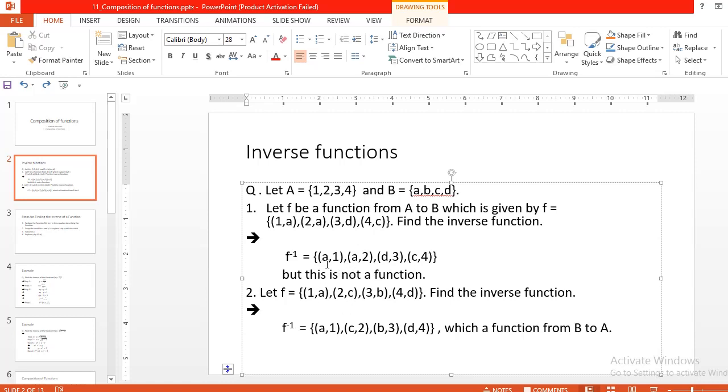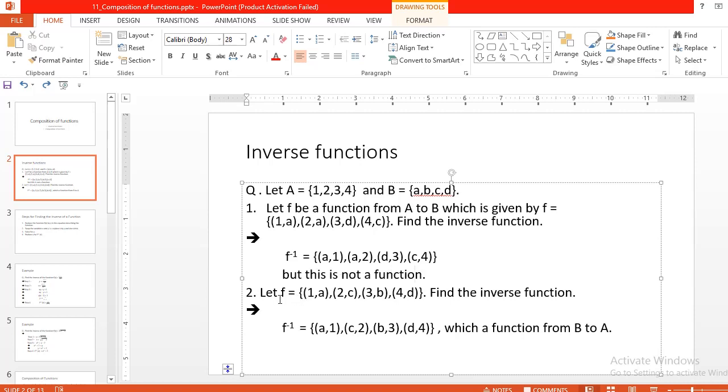Because the condition is not satisfied, it is not the definition of a function. To make a function, each element of the domain must pair with a unique element of the codomain. Here the domain element a is repeated, so this does not satisfy the definition of a function.